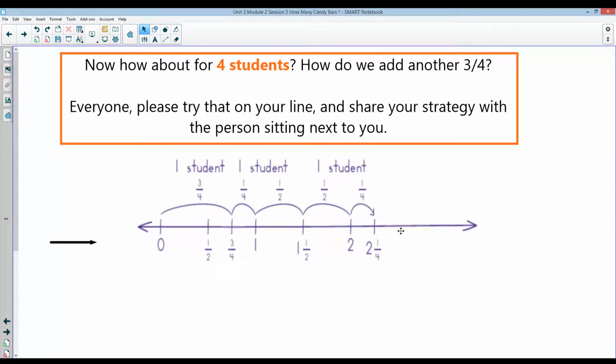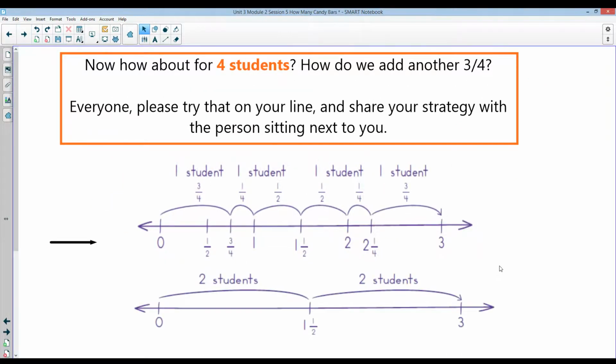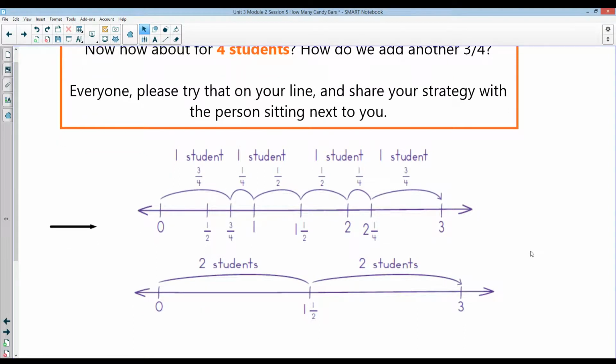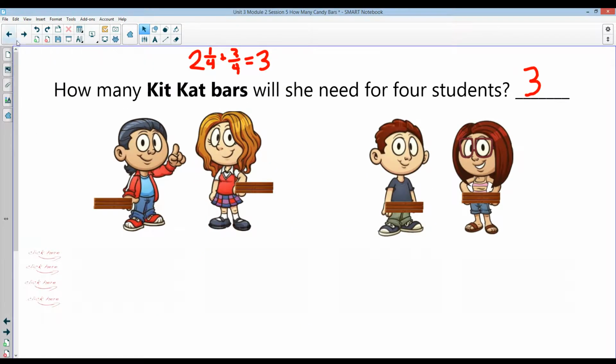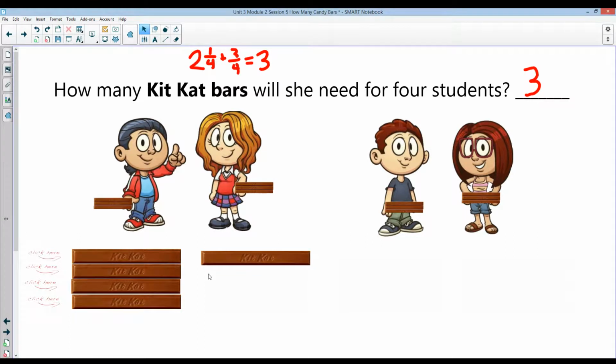If we're doing that on a number line, again, we could have just added it like this instead, or we could have doubled it. This is what they were saying here. If you know that 2 kids had 1.5, I'll model that again here. 1, 2, 3 for him. 1, 2, 3 for her.